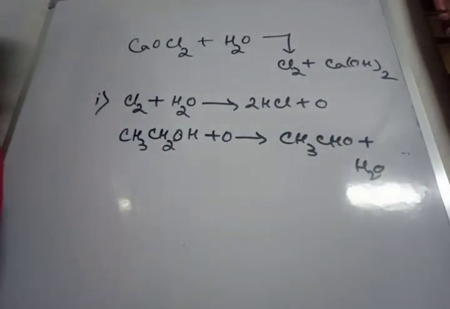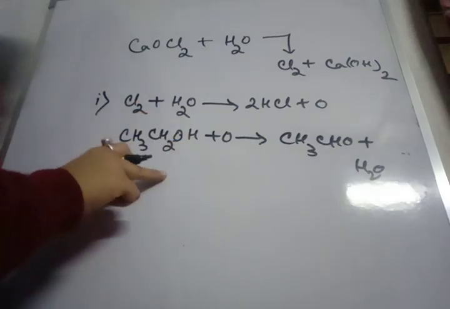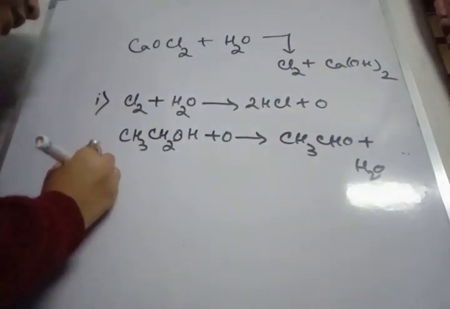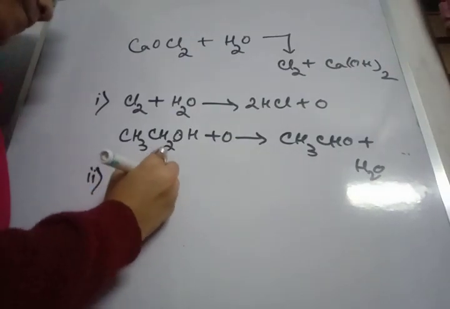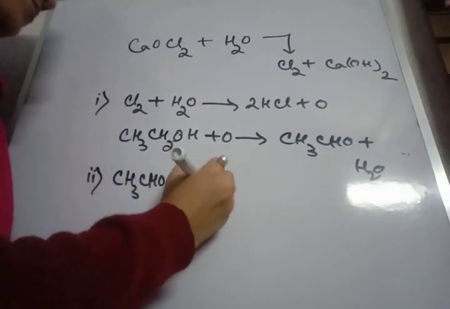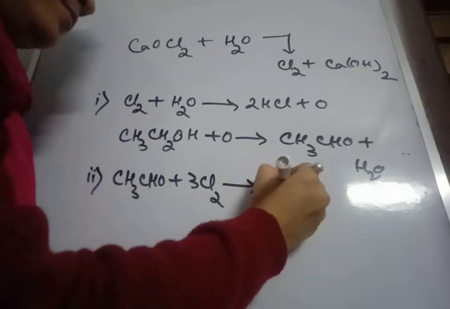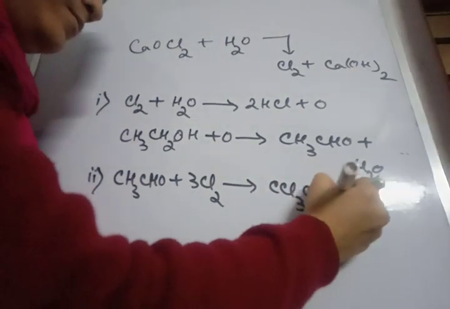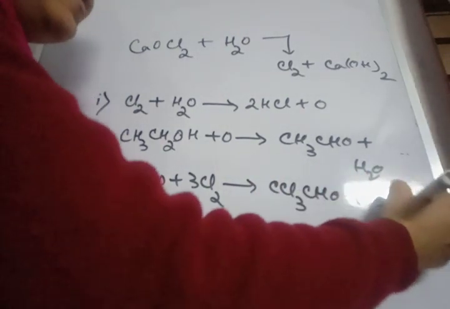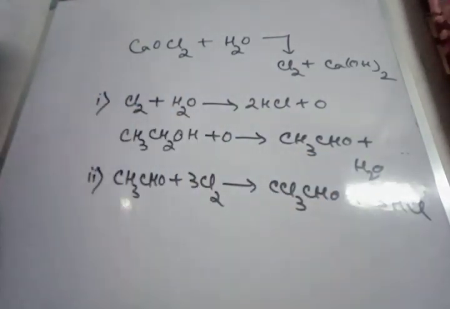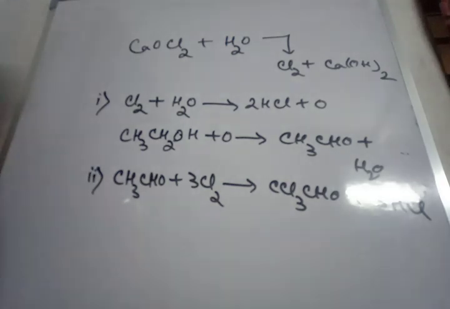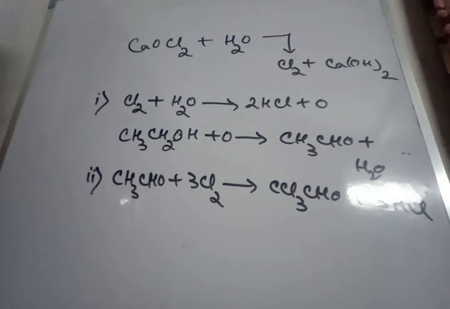Next, after oxidation of ethanol to acetaldehyde, chlorination of acetaldehyde. Now this trichloroacetaldehyde or chloral will be reacting with calcium hydroxide.